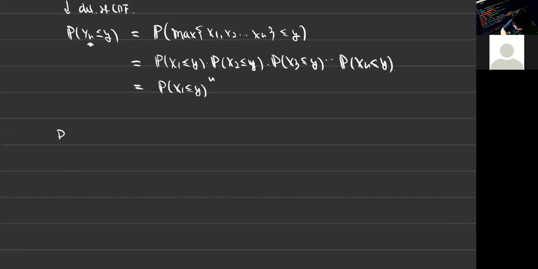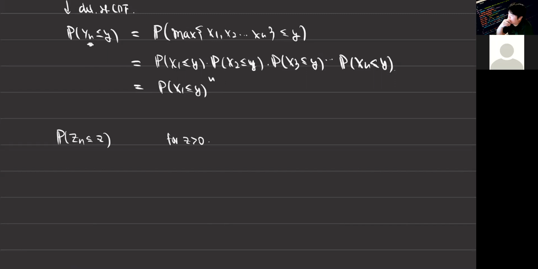What is the probability that Zn is less than or equal to z? Obviously, if you want to make it rigorous, you have to say for z positive. It's a CDF, it's a probability.